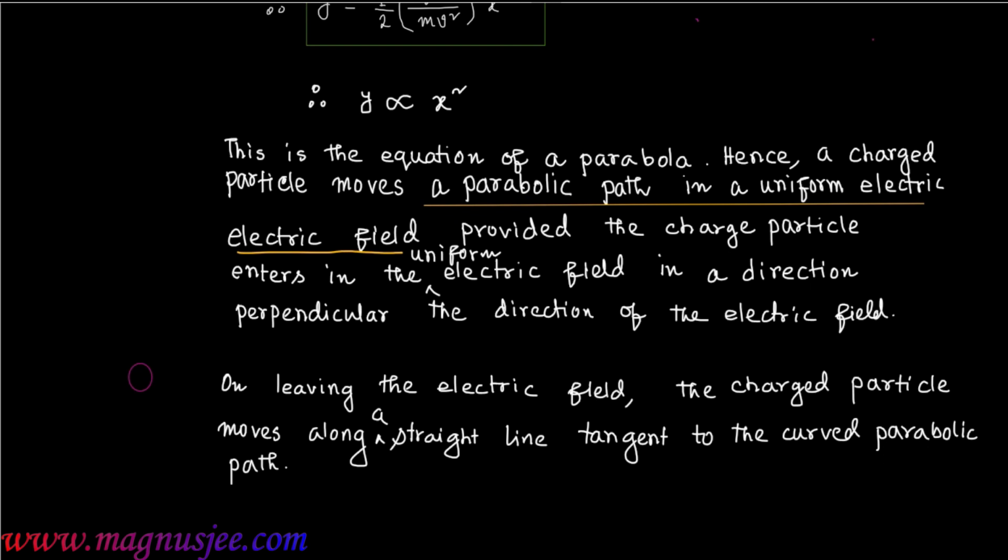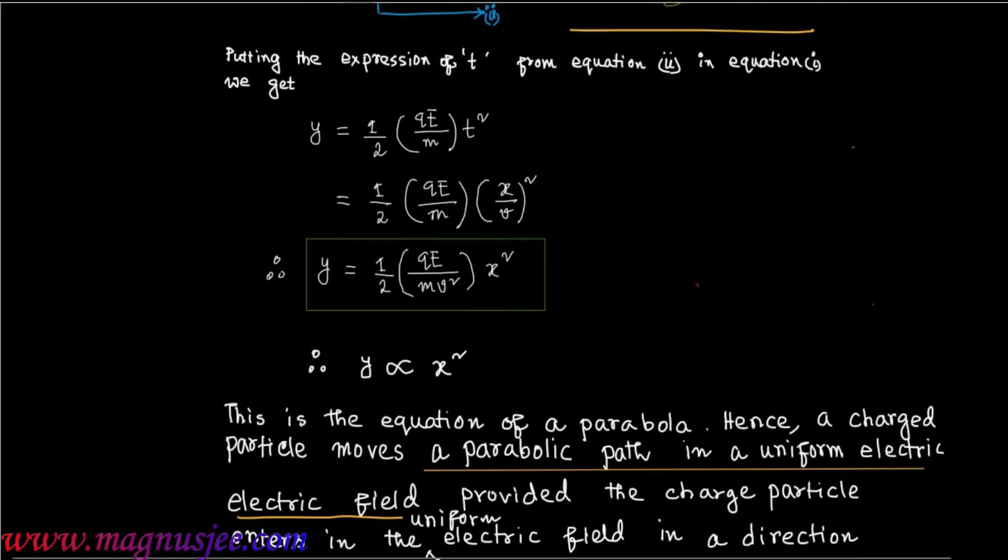That means the charged particle moves along a parabolic path in a uniform electric field.